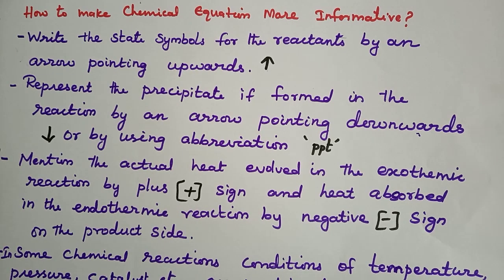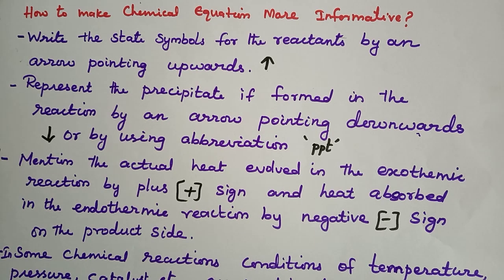See here. How can we make the chemical equation more informative? Already we know that we first have to write the word equation, then the symbol equation, and we have to balance everything. In between we put a plus sign, and after the reactants we put the gives arrow mark. Yes or no?